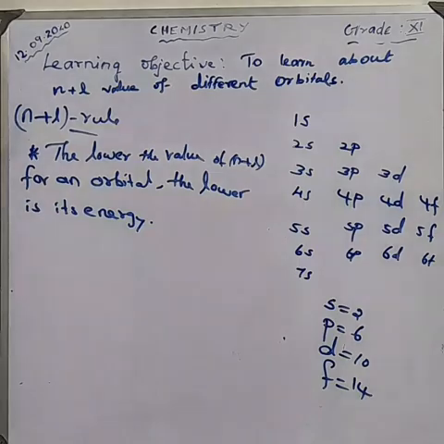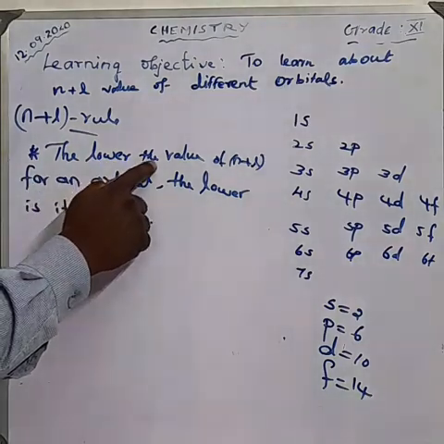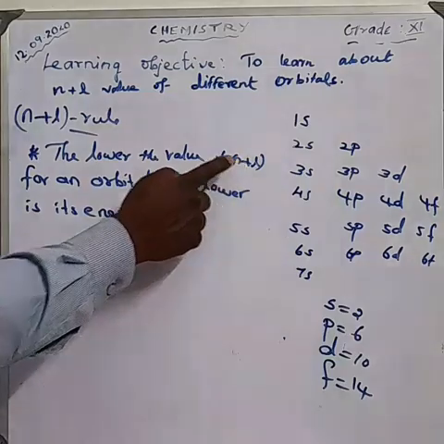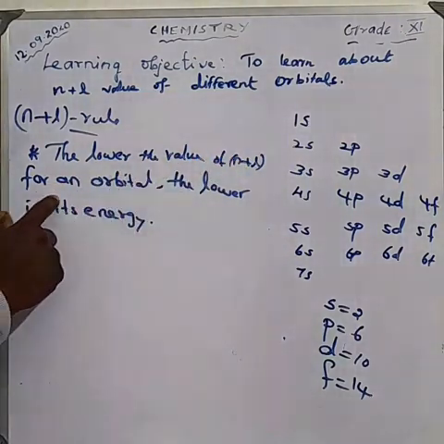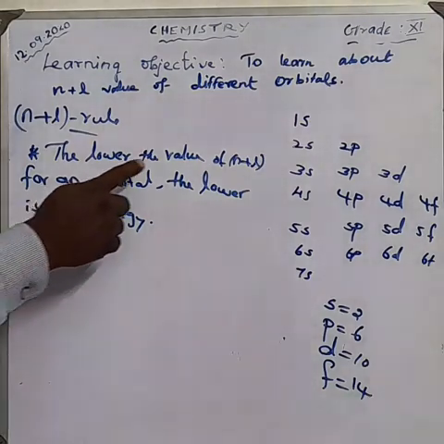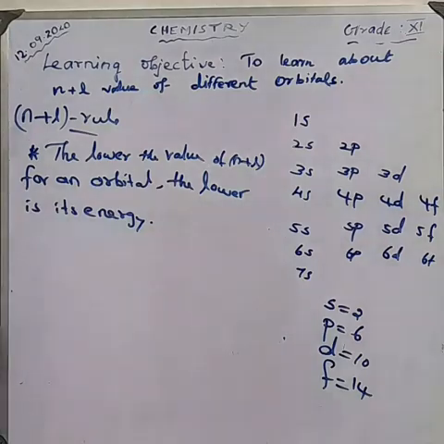This is the first condition. Clear? It states that the lower the value of n plus l for an orbital, the lower is its energy.